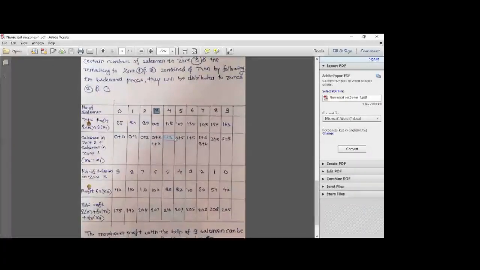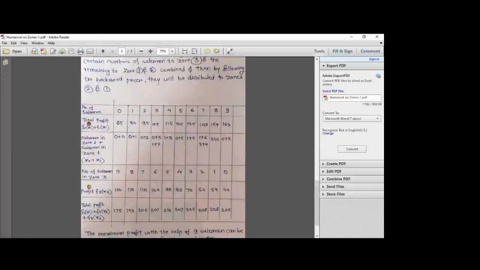Same way, 1 plus 3 is equal to 4, 0 plus 5 is equal to 5, 1 plus 5 is equal to 6, 1 plus 6 is equal to 7, and 3 plus 4 is also equal to 7. 3 plus 5 is equal to 8, and 6 plus 3 is equal to 9.